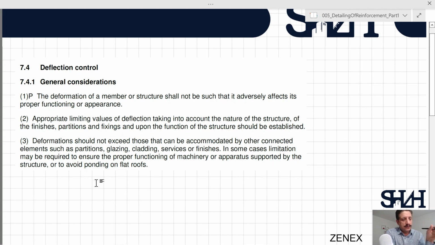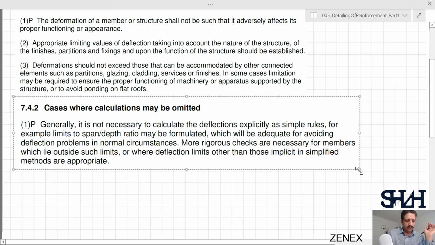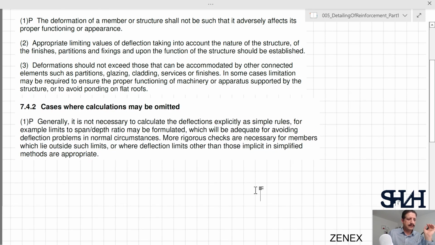Other clauses also address the limitations of L divided by 250 and 500. You can check this yourself from Eurocode. In clause 7.4.2, on the other hand, we can see cases where calculations may be omitted.